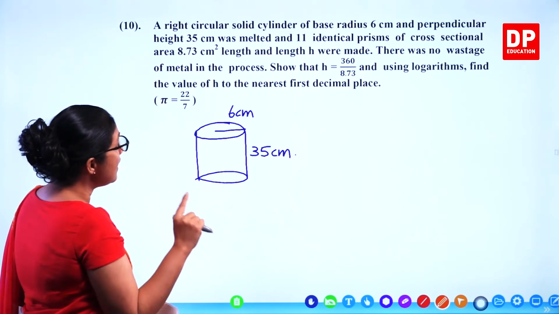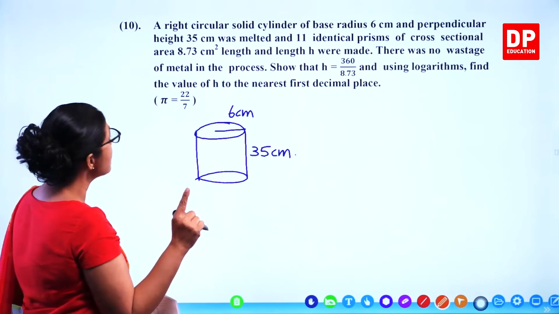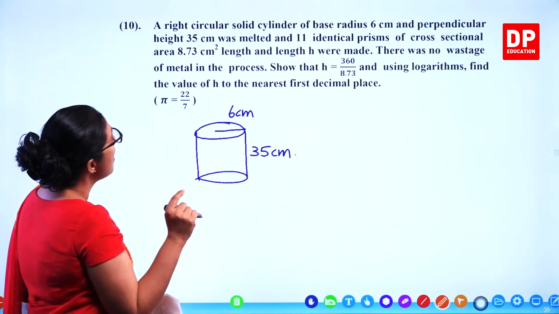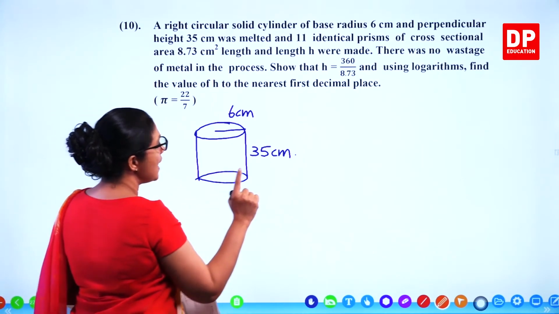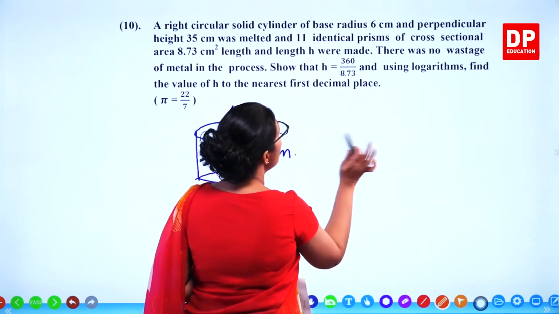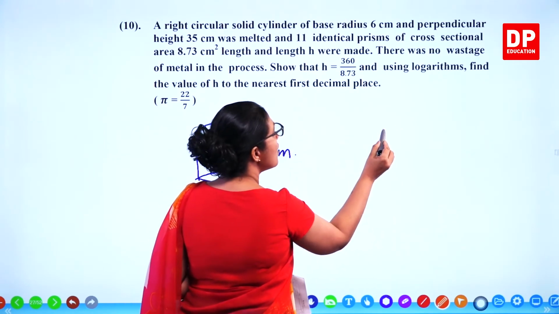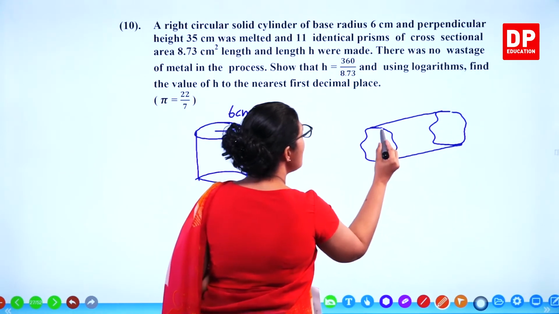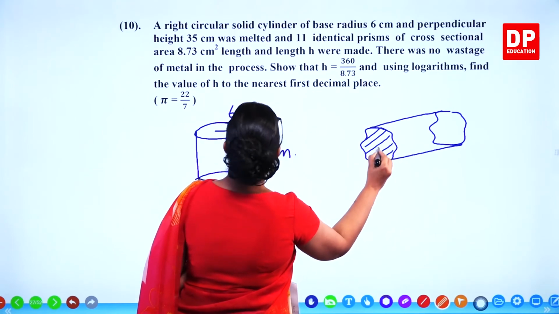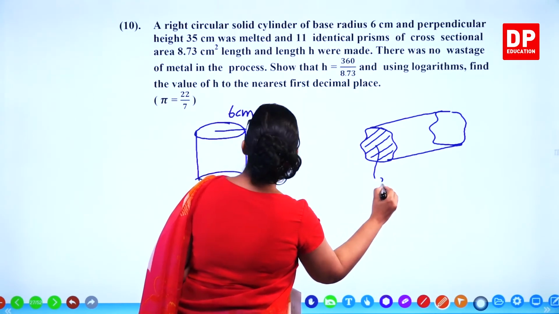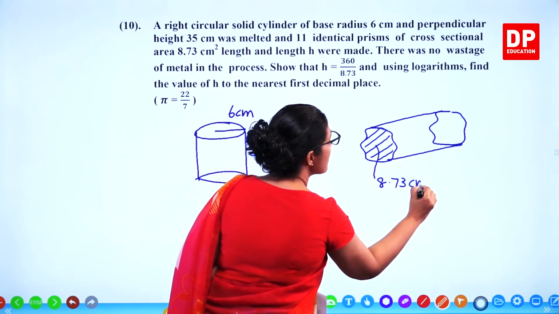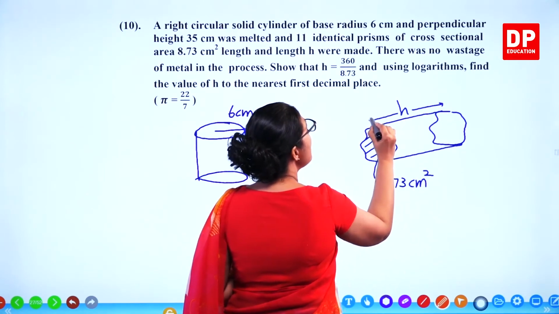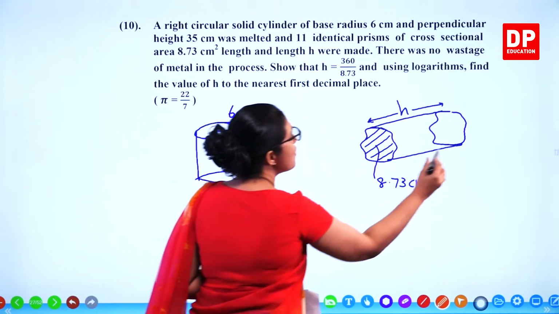Was melted and 11 identical prisms of cross-sectional area 8.73 square centimeter and length H were made. So prism. So it's not mentioned which type of prism. You can take any cross-sectional area, but we know the cross-sectional area is 8.73 square centimeters and the length we can take as H. How many prisms you can make? So 11 such prisms.